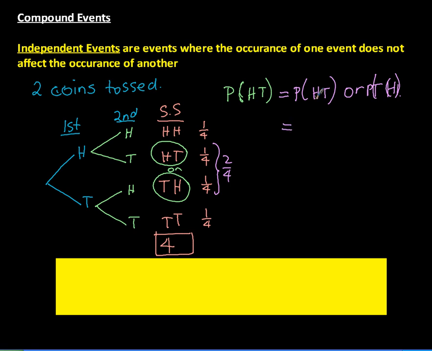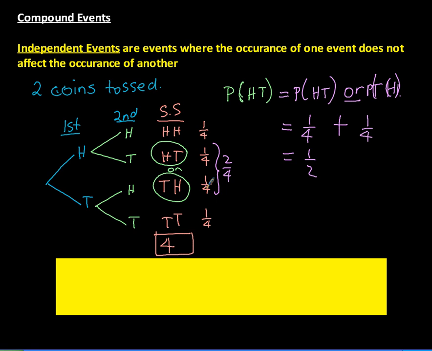Or what we could do, probability of getting a head, tail is 1 out of 4. Or probability of tail, head is 1 out of 4 also. But we know the probability is a half. We knew we had 2 outcomes out of 4. So this or really means we're adding the separate probabilities. So if we want 1 or more outcomes in this sample space, we can add the probabilities. So we can have 1/4 plus the 1/4 is our 2/4.